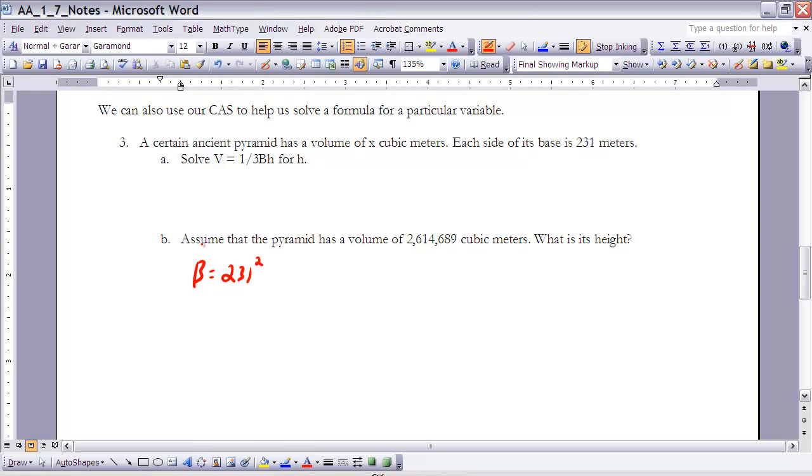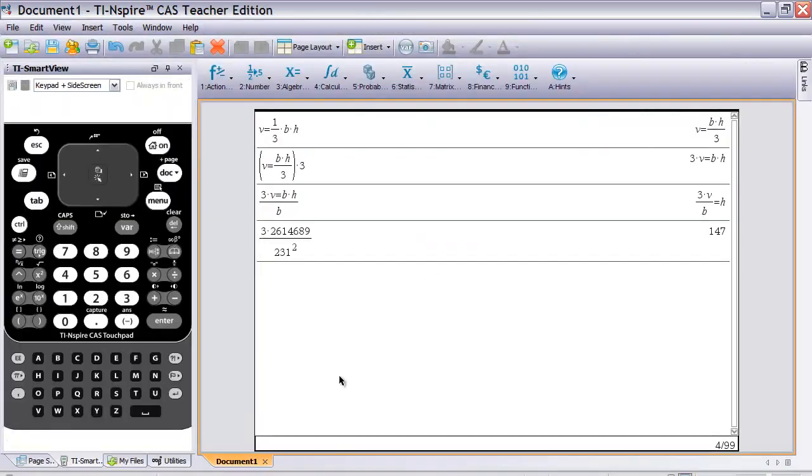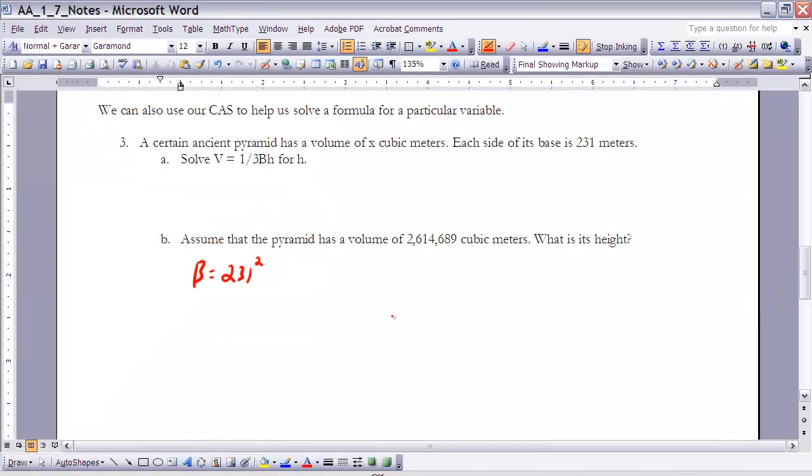Now I can plug those two things into the formula that we had before, and solve for h. If we go to our calculator and plug that in, we get 147. Therefore, the height of that pyramid, h, would be equal to 147 meters.